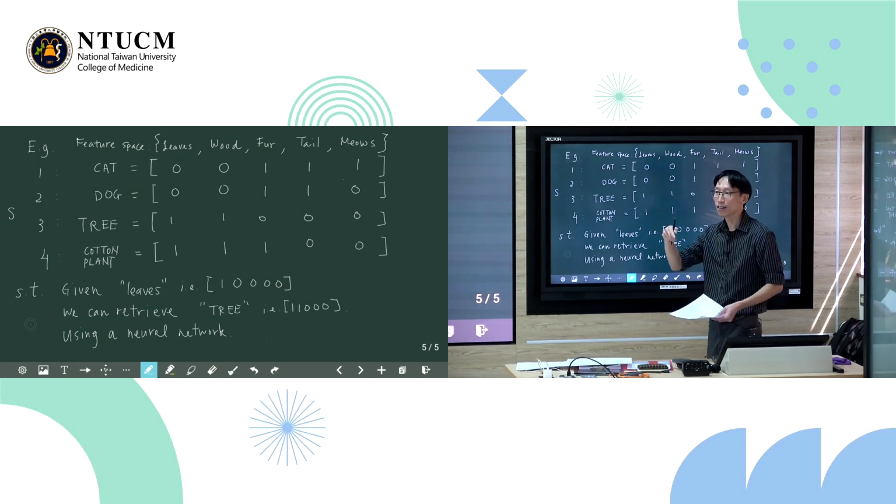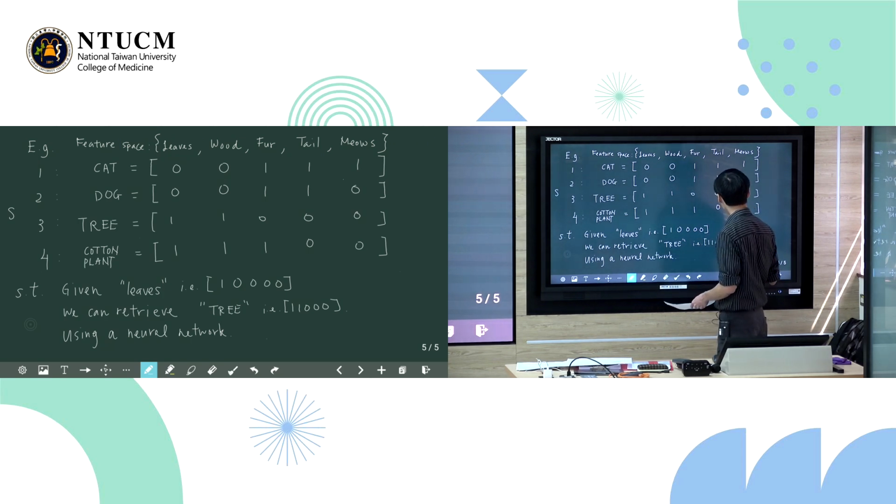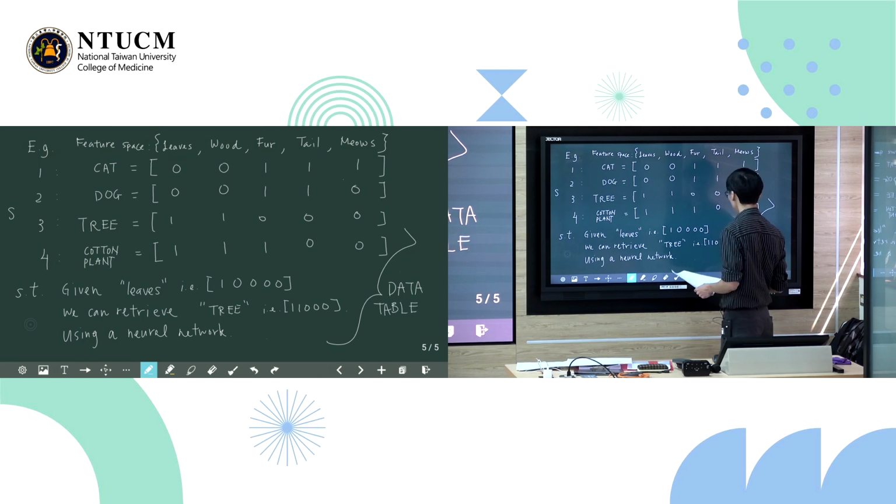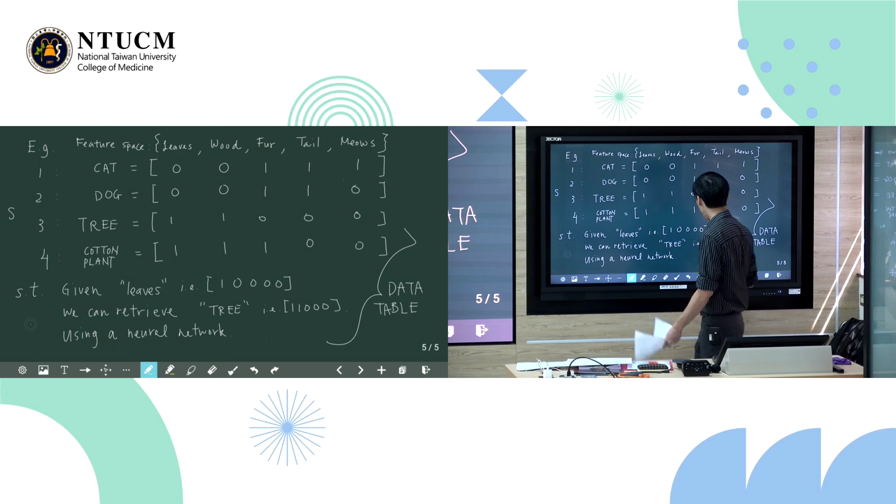I got 1, 1, and it gives me 1. 1, 0 gives me 0. So I put it into a neural network. How does the neural network do that? So now I have my data table. This is my data table. This defines the data table roughly.